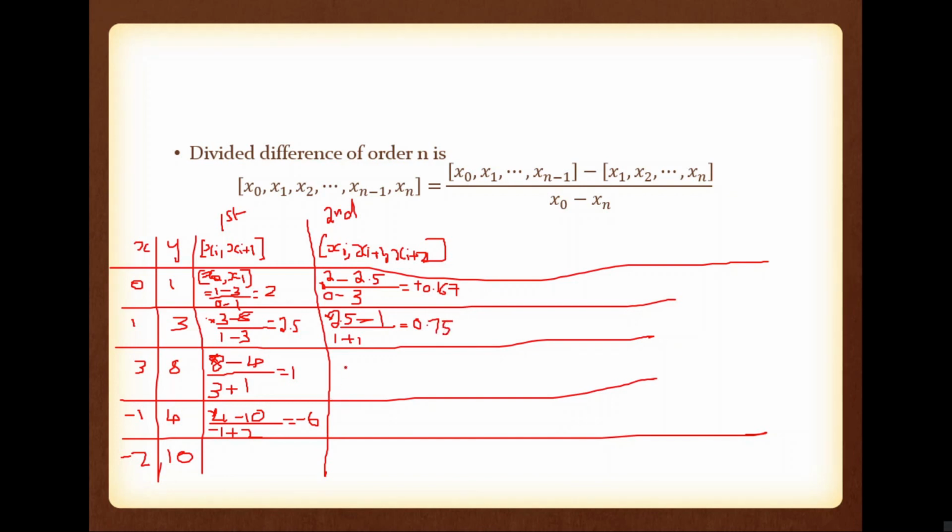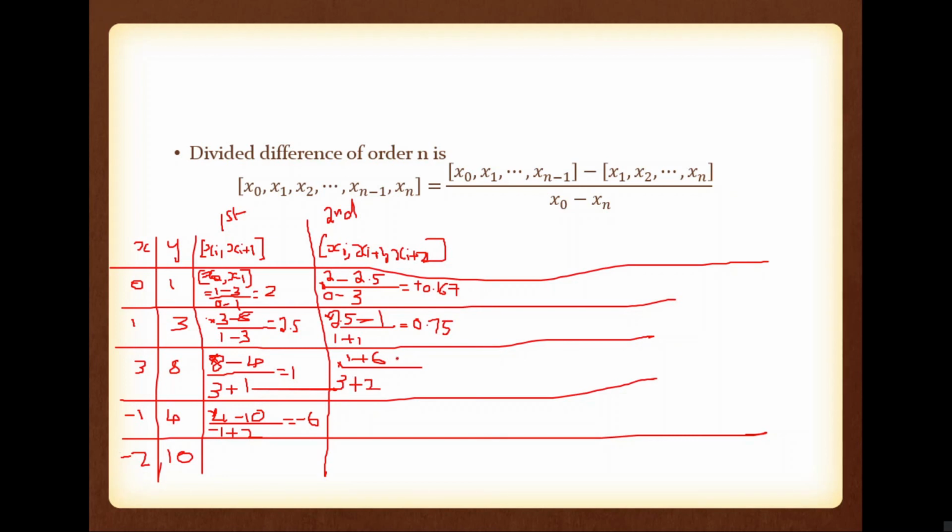So now what is this element? So the numerator point of view, 1 minus minus 6, so that is plus 6. 1 is the current element, minus 6 the next element. 1 plus 6 divided by, denominator point of view, 3 is the current x minus the second next x element, which is minus 2. So minus minus plus 2.